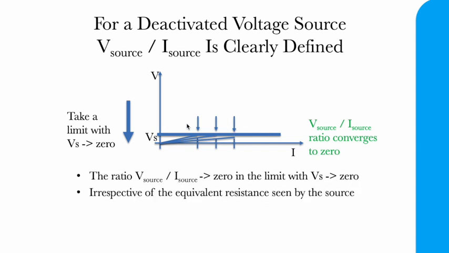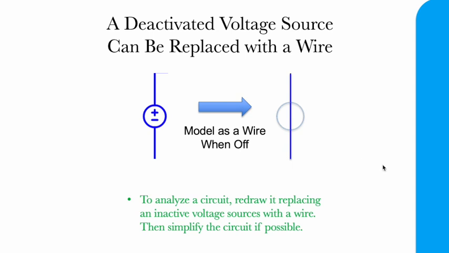That's irrespective of the rest of the circuit and whatever external resistance the source is seeing. This gives us insight into how to model a deactivated voltage source. Since the ratio of voltage to current for the voltage source that's off converges to 0, we can model that deactivated source as a resistor with 0 value, or simply a wire.